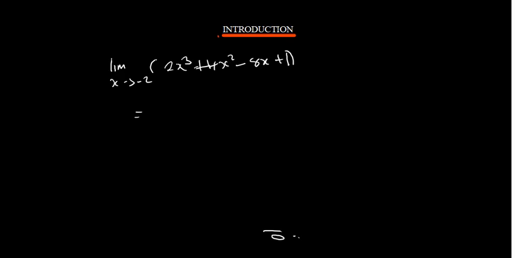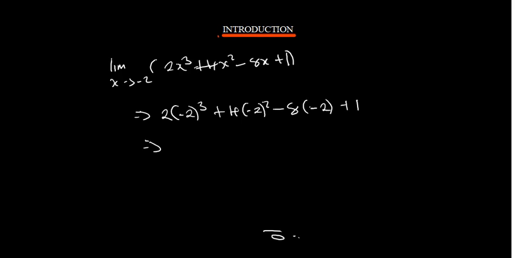So the next step, I won't even simplify anywhere, I'll just insert this negative 2. So I'll say 2 open bracket negative 2 to the power 3 plus 4 open bracket negative 2 to the power 2 minus 8 open bracket negative 2, like that. Wherever there's x, we insert this given value, plus 1. The next thing we will do is simplify.